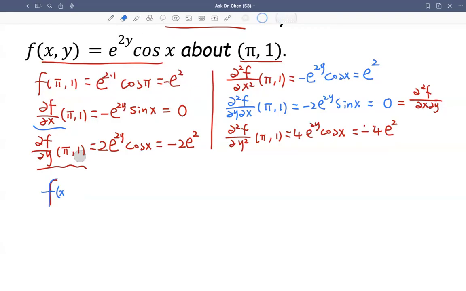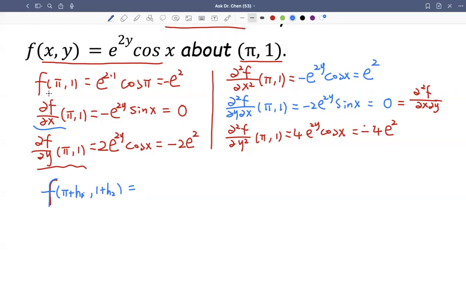So what we could do is pi plus some small value, maybe we could call h1, then 1 plus some small value, maybe you can call h2. So basically, we want to use this point to approximate the function values very close to this point. So that's why we use this notation.